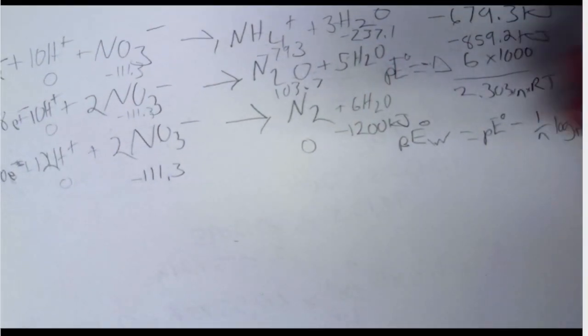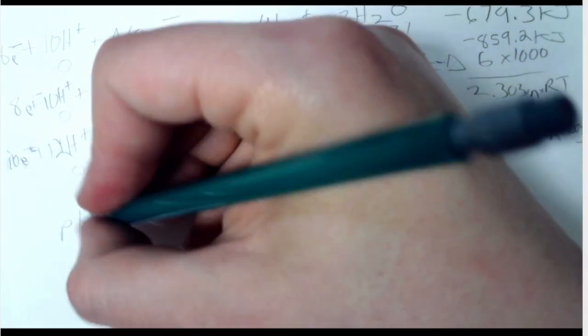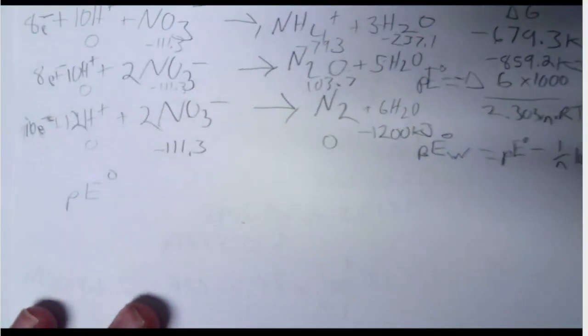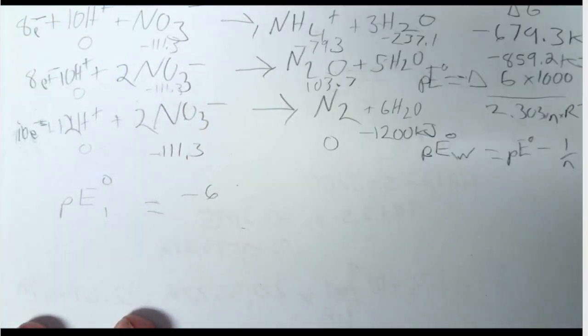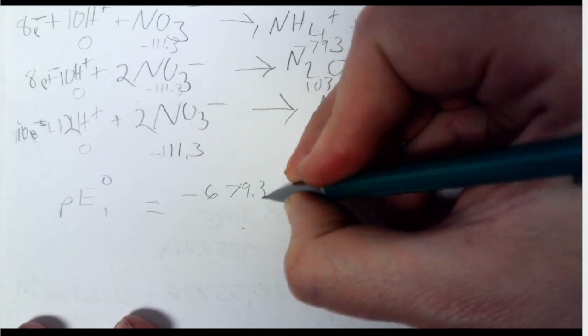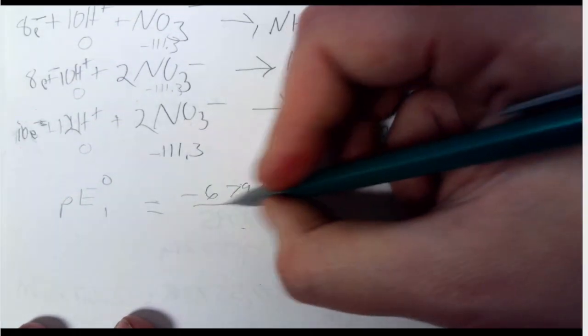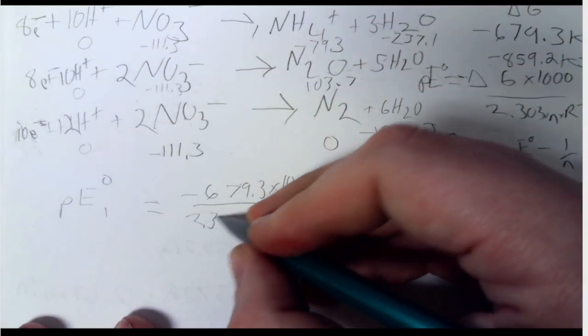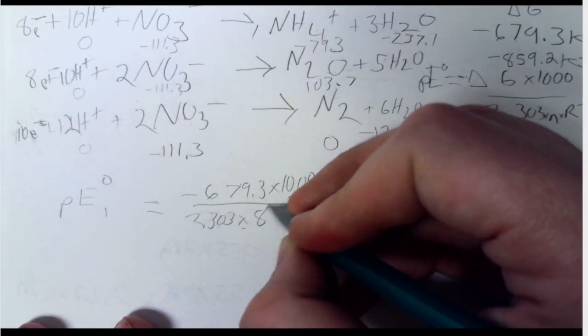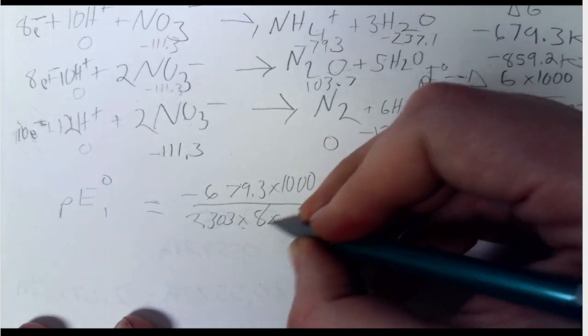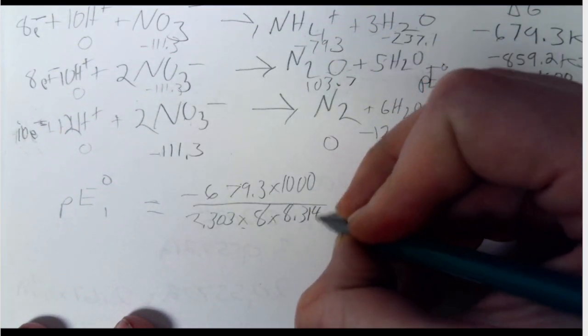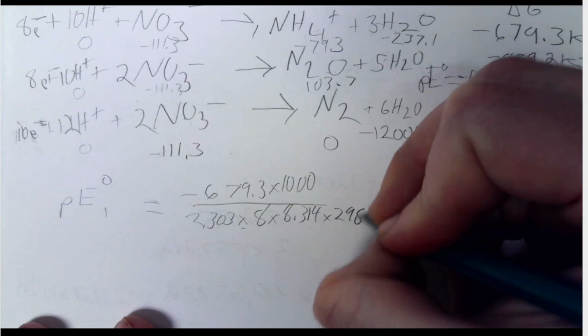So with that in mind, to calculate my PE standard 1, it's going to be negative, negative 679.3 times 1,000 to get this into joules, divided by 2.303. There's 8 electrons, and there's R, and then there's 298.